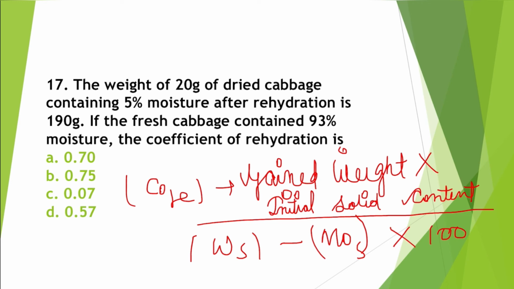So the gained weight is 190 gram. Then the initial solid content is 0.7.